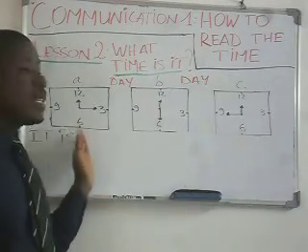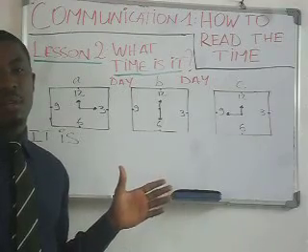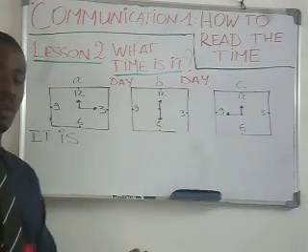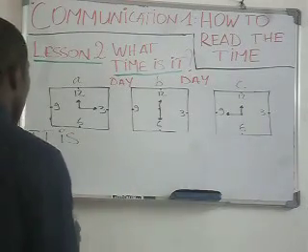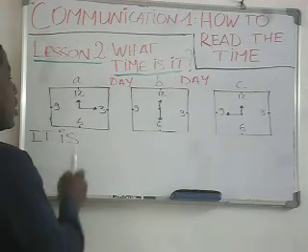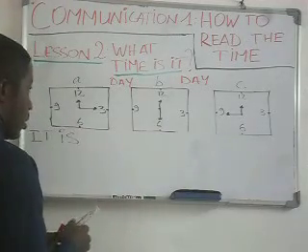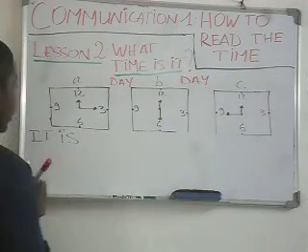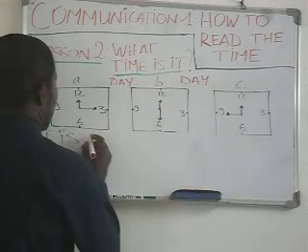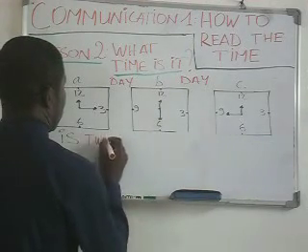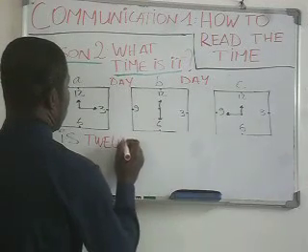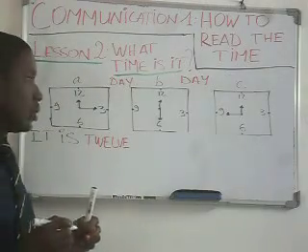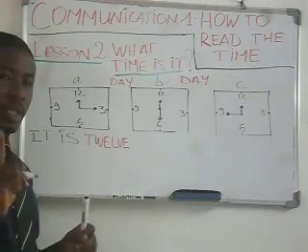it is easier here to use the 12-hour clock system, right? So you divide the time into 12 parts. So here you simply say it is 12. But one thing is important.